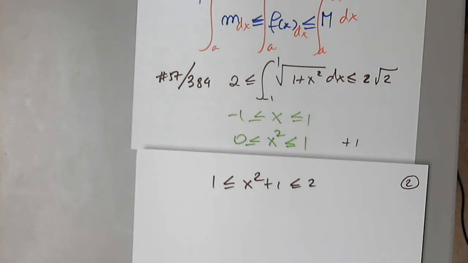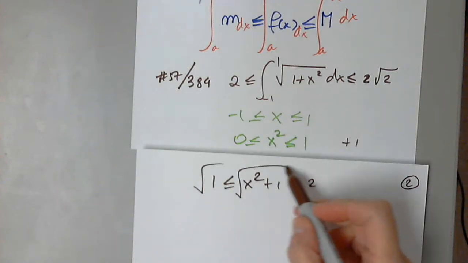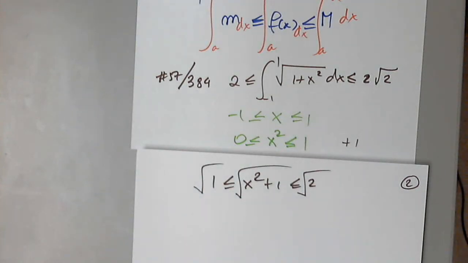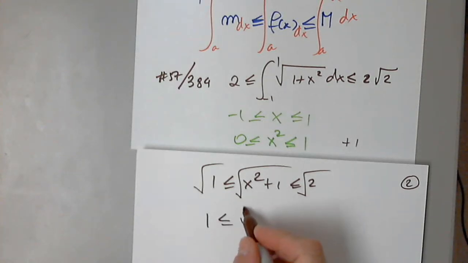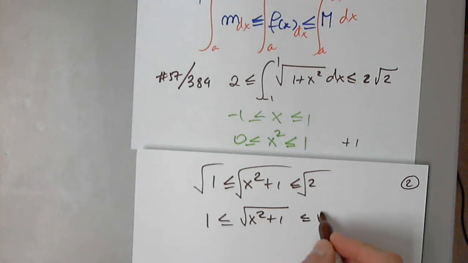Knowing that these three numbers are positive, 1 and x squared plus 1 and 2, I am allowed to apply what next? Right. In general, I'm not allowed to. But these are three numbers in sequence from left to right in ascending order. So now I can write 1 less than or equal to the square root of x squared plus 1 less than or equal to the square root of 2.